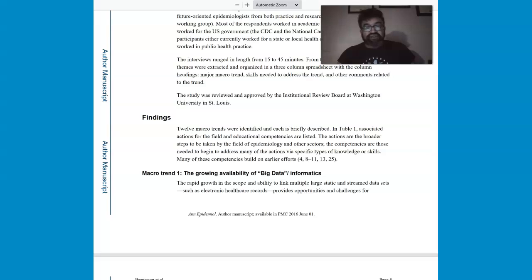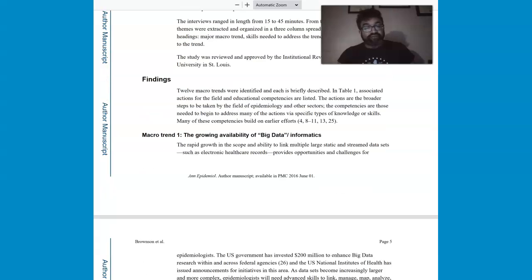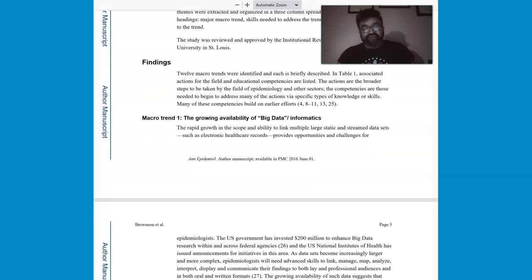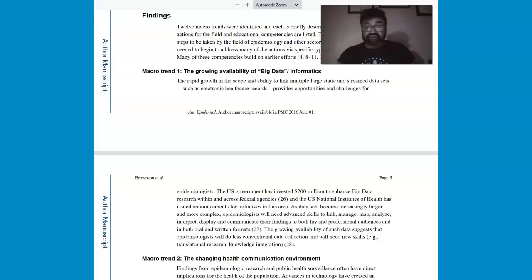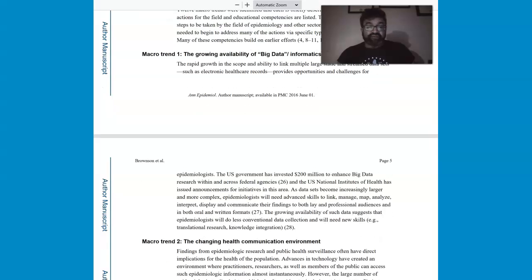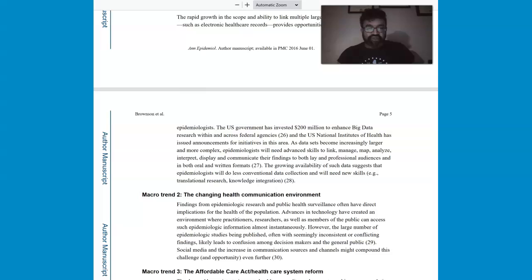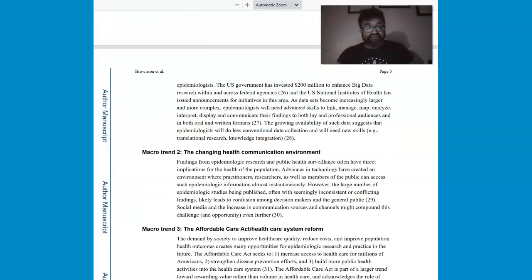So there's no question electronic health records have just blown the door wide open in terms of the possibilities that we have at our fingertips as to looking at traditional health topics, public health topics, and even conducting clinical trials. So at the time, the U.S. government had invested $200 million, but some of that amount has actually increased.